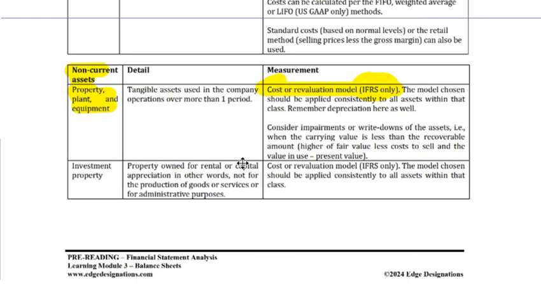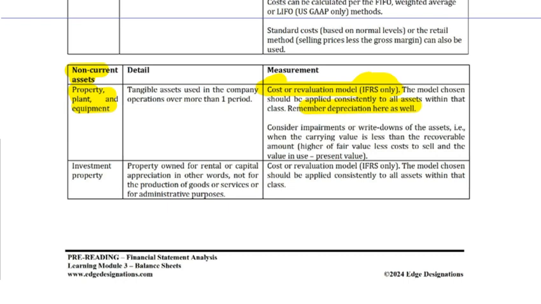Revalue it means if the value has gone up appreciably since you bought it, something like land, property, real estate, then you can value it upwards. Don't forget to depreciate it here as well. In other words, if you bought yourself a car, a factory, anything that uses up the asset over time, don't forget to reduce it by an item called depreciation.